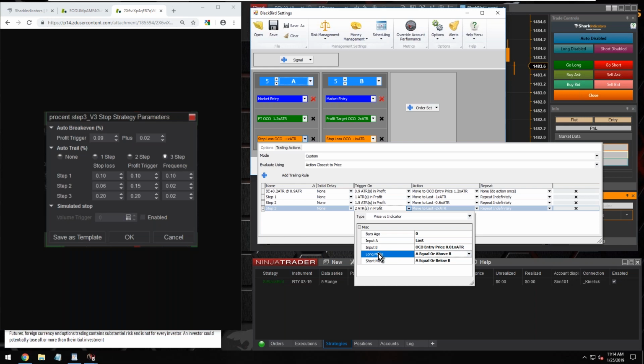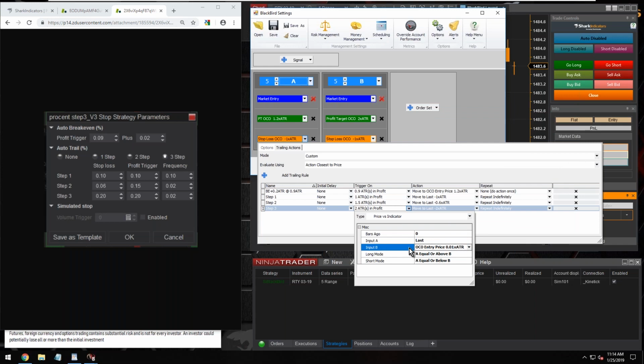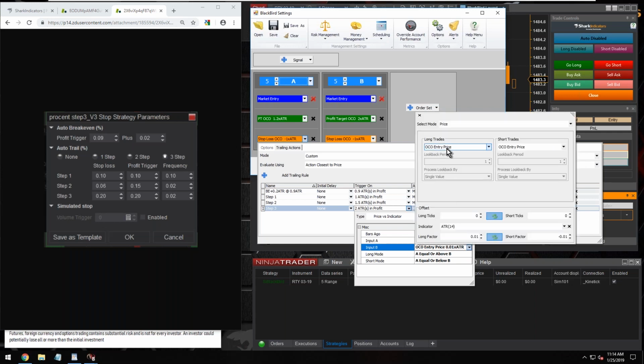Right, in order to use the default long mode and short mode, input A is going to be tracking the current market price, the last price. And input B is going to be the calculated price, so it takes your entry price and then adds the offset of the percentage of profit that you're looking for.